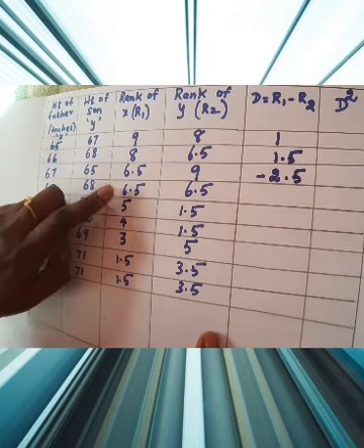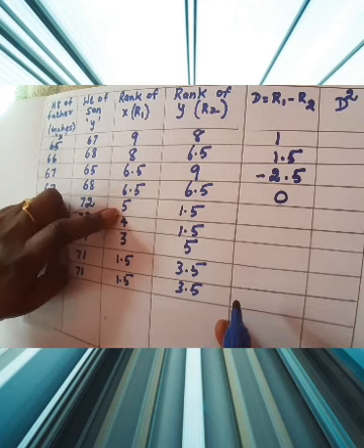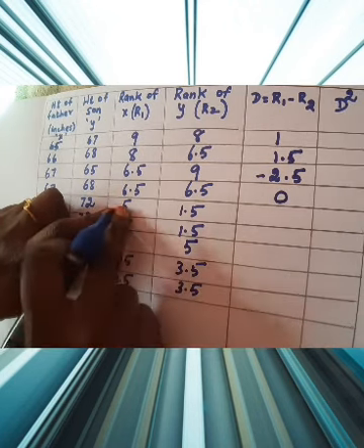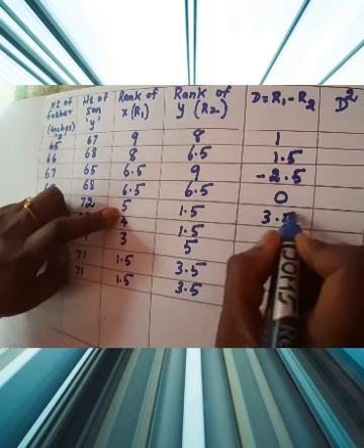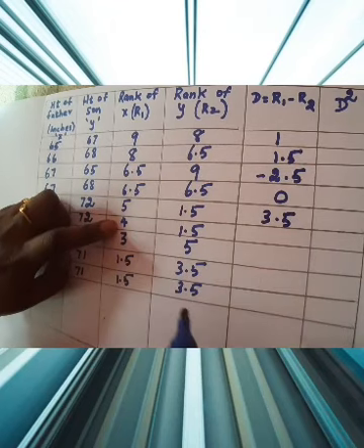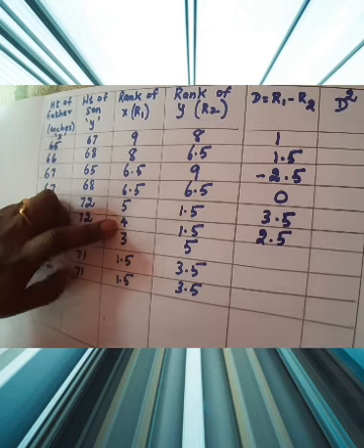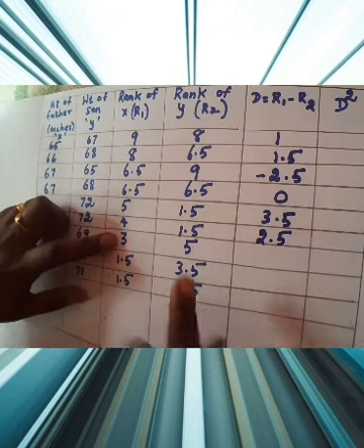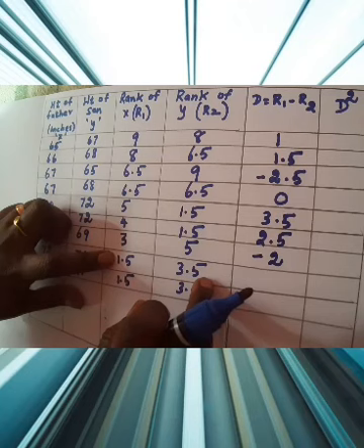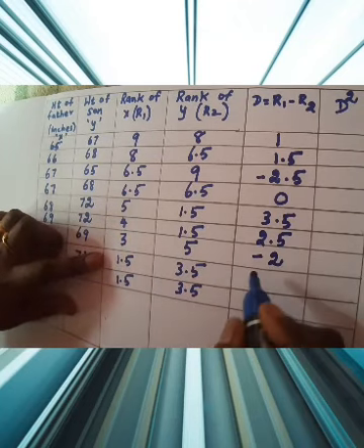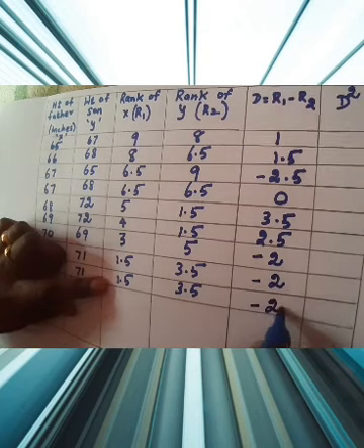You can use the calculator and check. 6.5 minus 6.5, 0. 5 minus 1.5 will give you 3.5. 4 minus 1.5 will give you 2.5. Correct? I can hear you guys repeating along with me. Good. 3 minus 5 will give you minus 2. 1.5 minus 3.5 will give you again minus 2. 1.5 minus 3.5 will give you again minus 2.